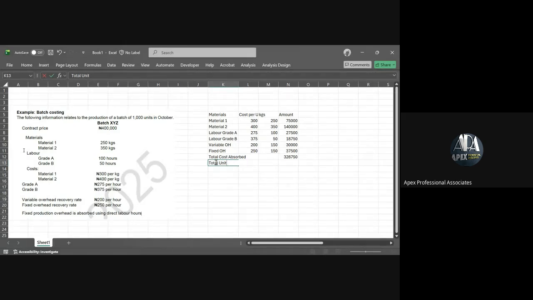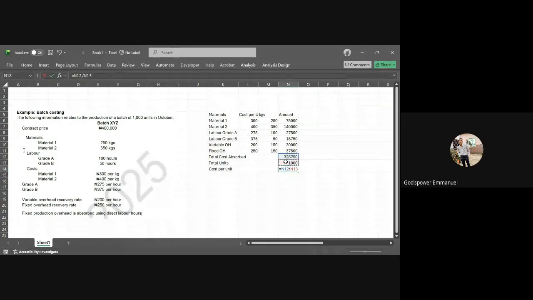Do we remember? Yes. The total units is how many? 1,000. Now cost per unit is how much? 328.75 naira, 328 naira 75 kobo.